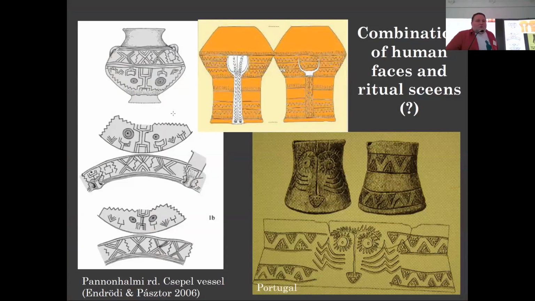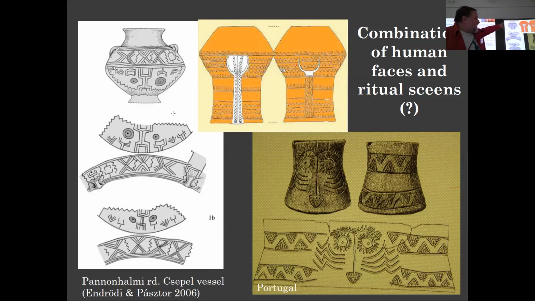But we can also see different depictions of human beings, perhaps of human faces, as in the case of this kopush from Portugal. And maybe we can see human faces and human bodies in different ceremonial vessels from Hungary, from the Csepel Island territory.